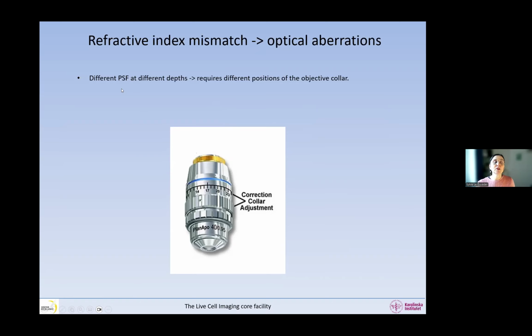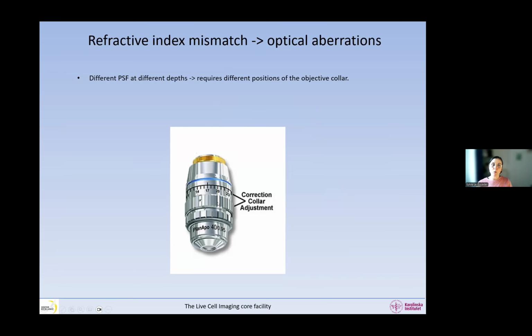So what can we do with the point spread function that is distorted like this? The main issue is that the distortion is different at different depths. So it's not the case that you can just set the correction collar on the objective to something else and then image and it's going to be perfect. It doesn't work like this because you have an exponential effect as you go further away from the cover slip.